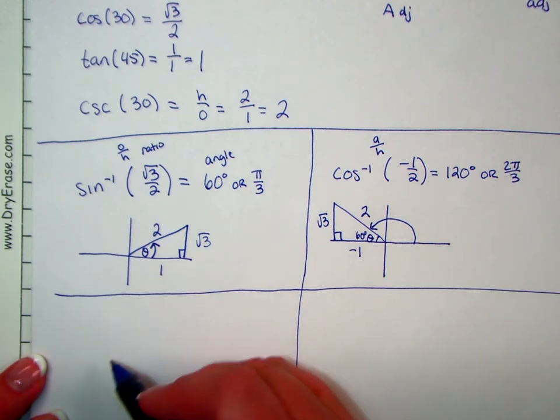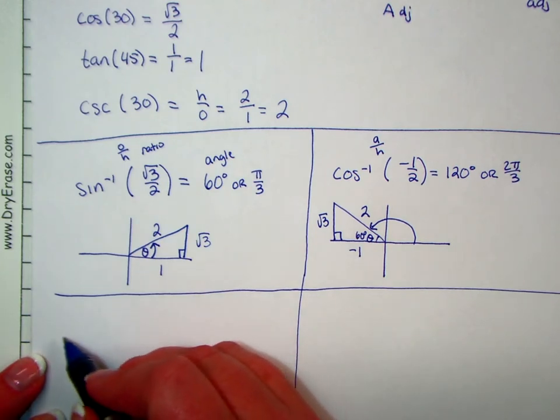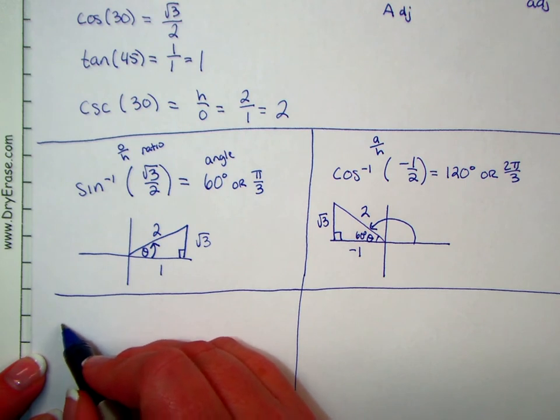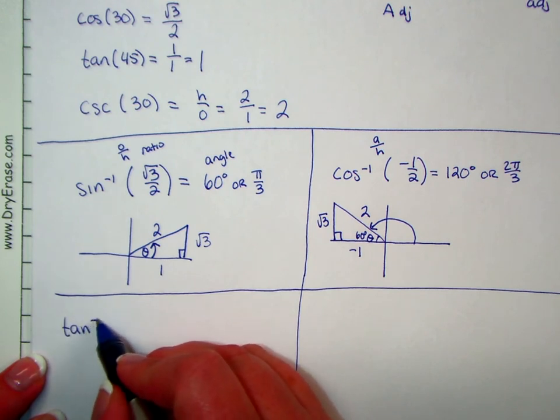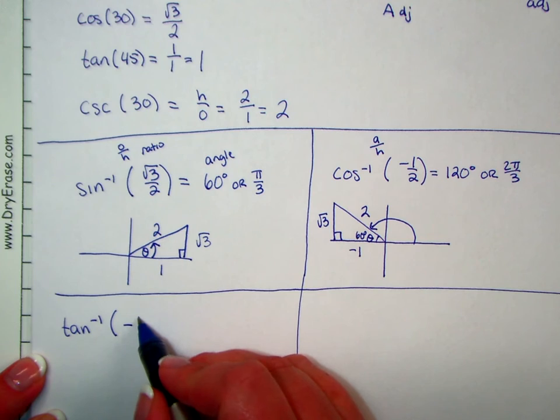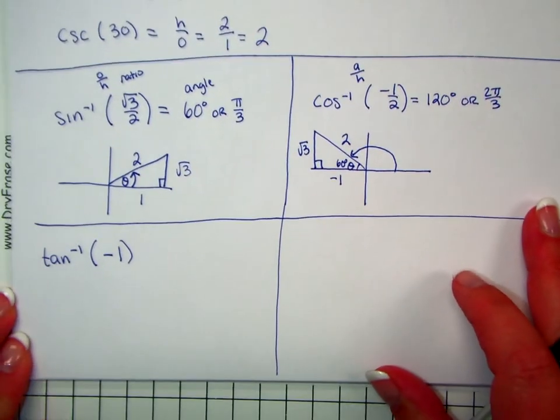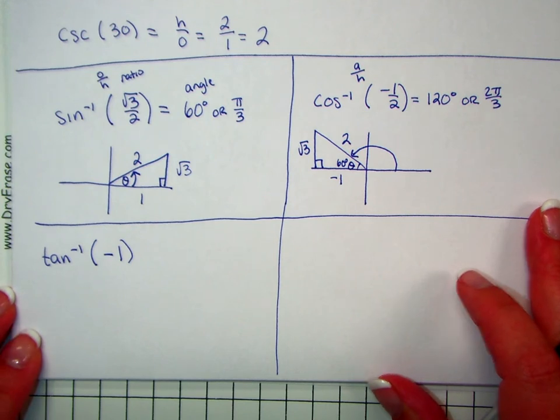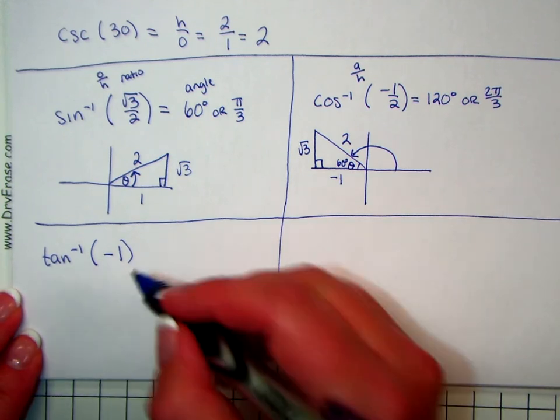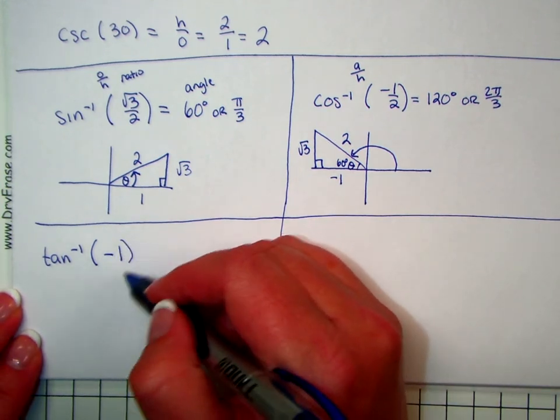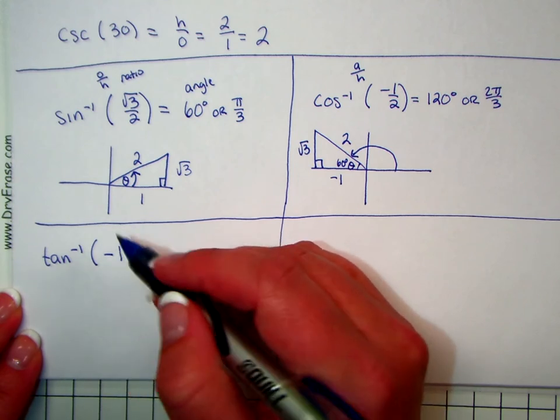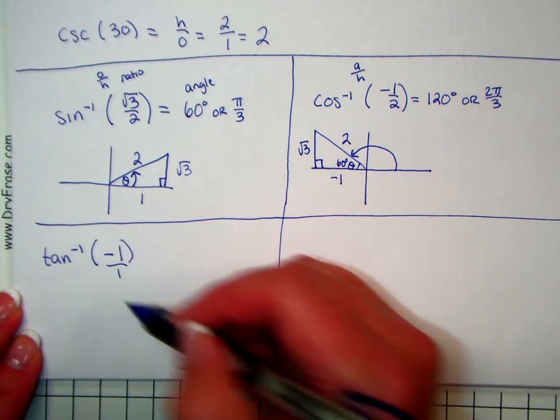Let's go ahead and do tan inverse of -1. Okay. So now I have an inverse tangent. Here is the ratio. So if I wanted to write this as a fraction, I would put -1 over 1.